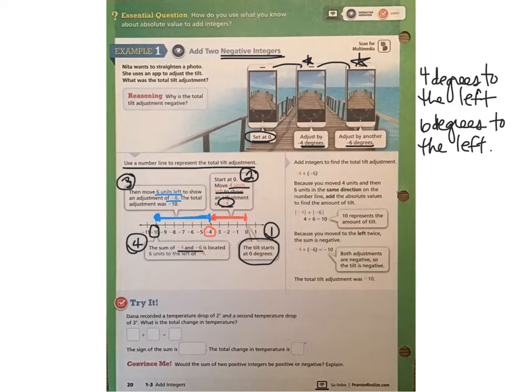So take a look back up at the top of the page where you see the reasoning box. Why is the total tilt adjustment negative? Well, she makes 2 adjustments both in the negative direction.